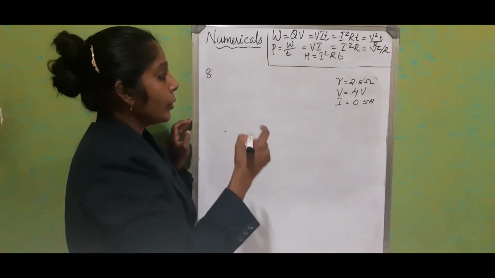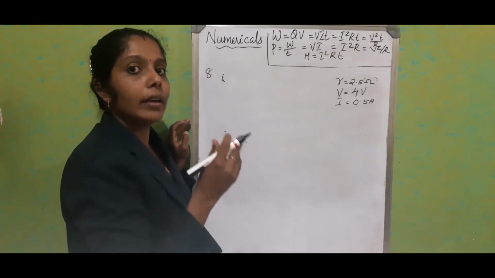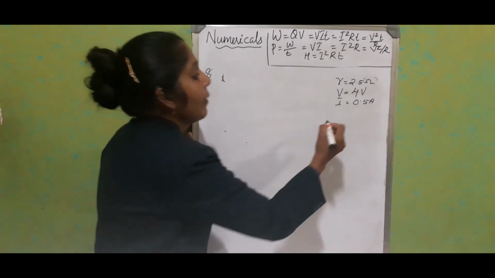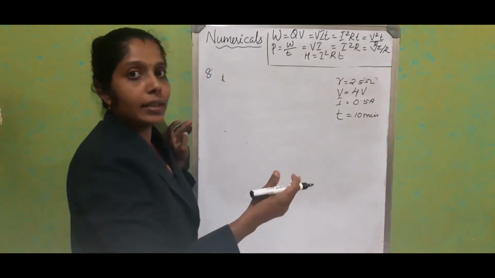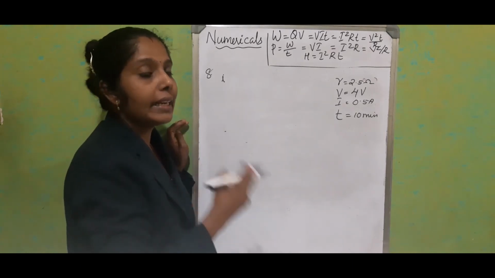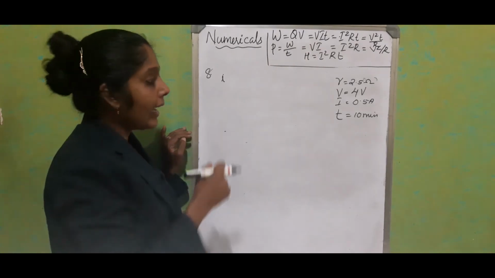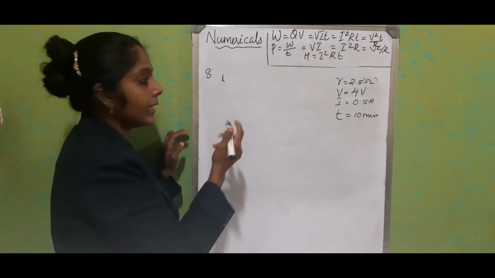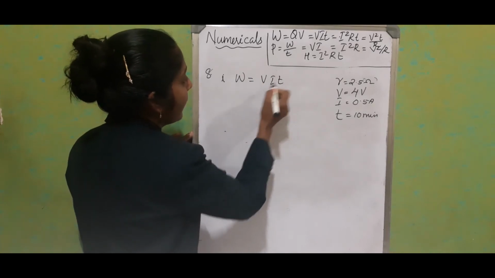In the first section, we have to find the total energy consumed if the current passed continuously for 10 minutes. We'll choose the easiest equation, VIT, and find the energy consumed.